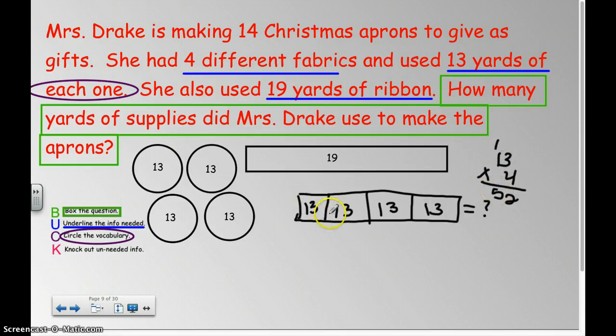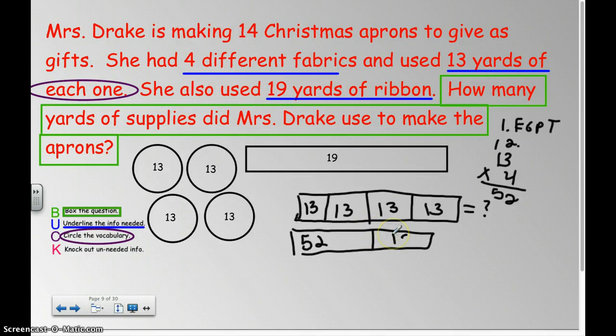And that's 52. Now, she also used 19 yards of ribbon. So that's step 1, equal groups put together. That means multiplication. This is a 2-step problem. So step 2 is going to take the 52 in my strip diagram, and 52 is going to be larger, and add it to 19.